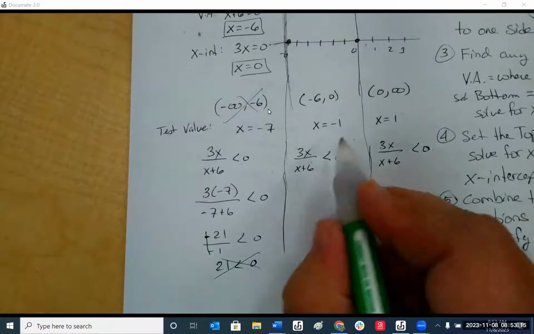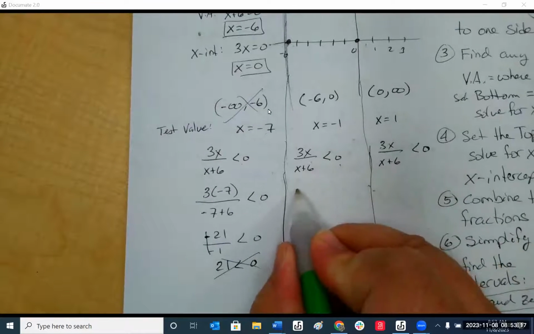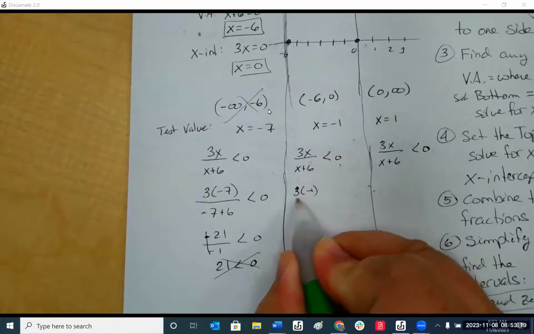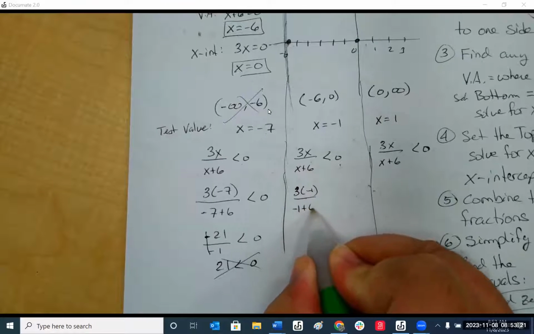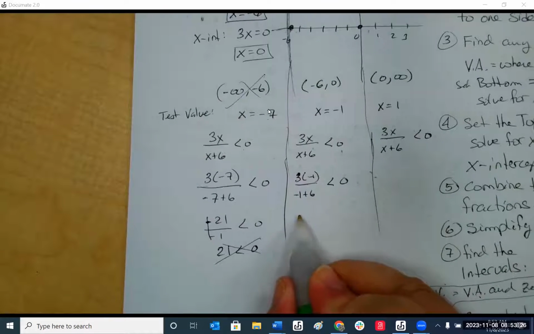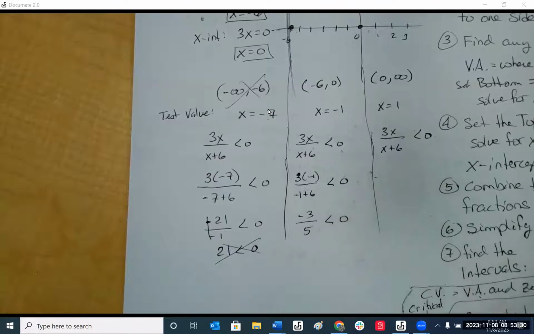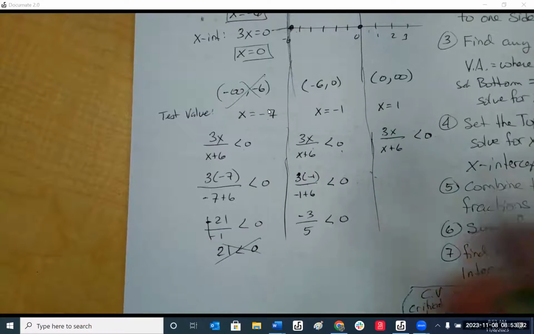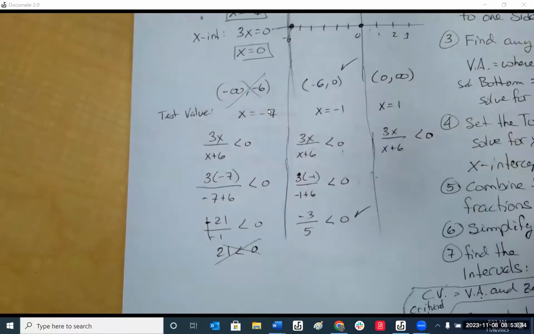How about -1? 3 times -1, -1 plus 6. So we have -3 over 5. Is that less than 0? Yes.